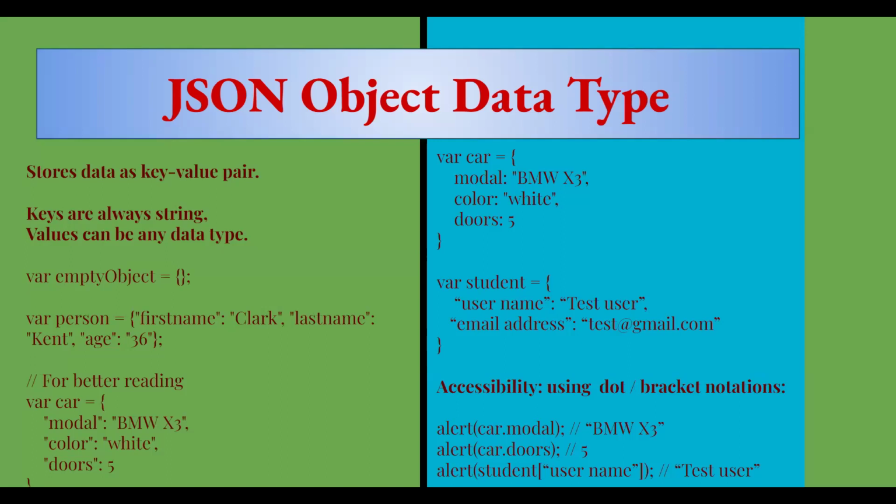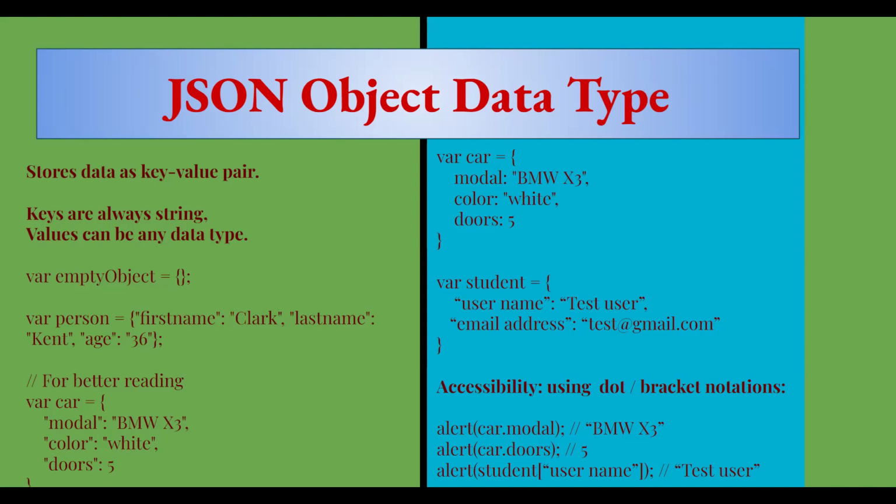But in another example, the student JSON object, we have keys such as username with a space and email address with a space. So we have to keep these keys in quotes. We can access the values of these keys using either dot notation or brackets.